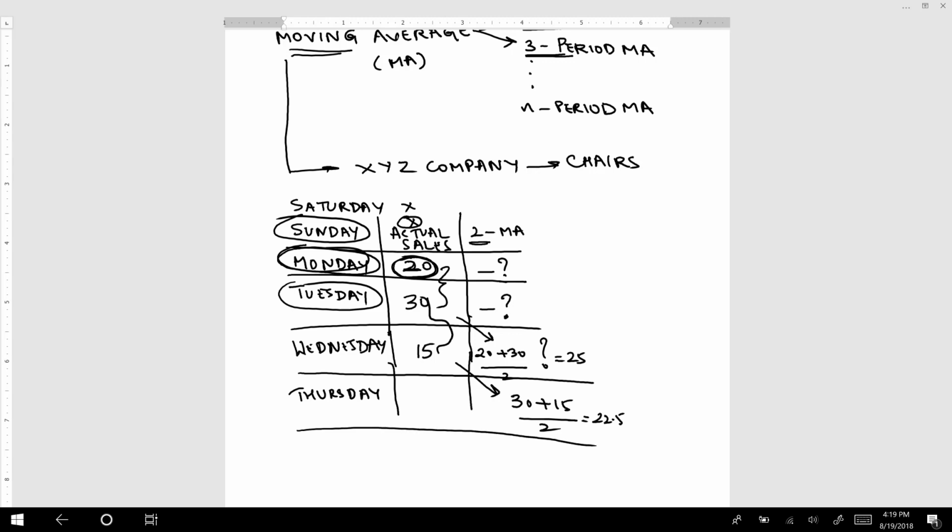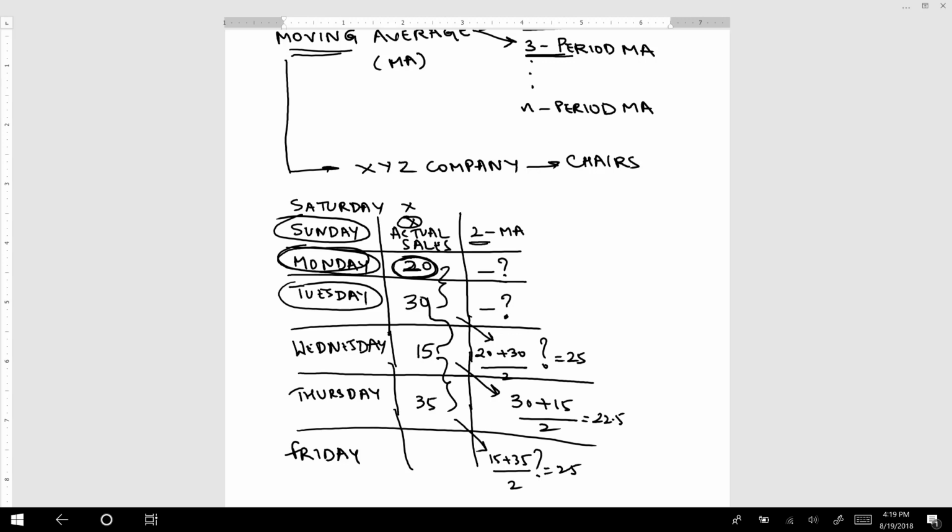Similarly, if we want Friday, we can do it at the end of Thursday. Suppose the actual demand at the end of Thursday is 35. Now we take the average of the previous two time periods, which is 15 and 35. So that is 15 plus 35 divided by 2, which is 25. That would be our forecast.